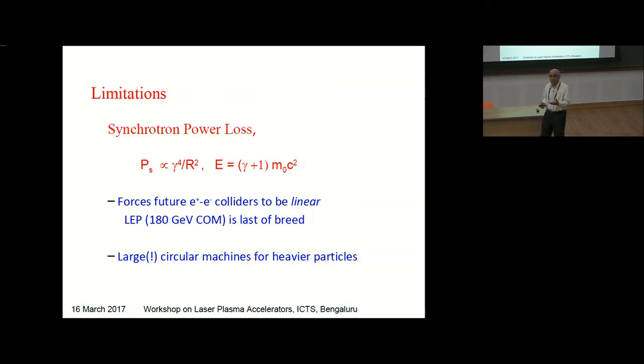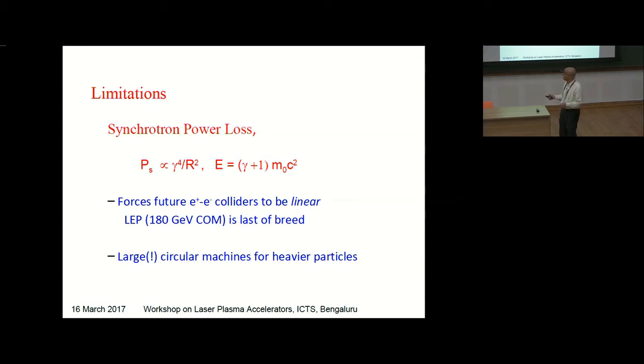In fact, this was a big nuisance for accelerator builders: you try to increase the energy of the electrons in a circular path, and the electron starts radiating it out. The more you pump it, the more it radiates. So this was a big problem, and that in fact forced the colliders. Future colliders will be all linear, especially for relativistic particles like electrons and positrons, because the diameter otherwise becomes too large.